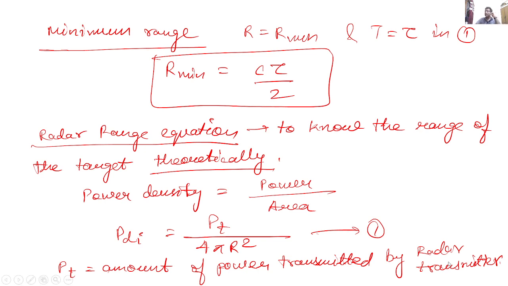Now one thing we can see is that equation 1 would be valid only for an isotropic antenna. However, radar antennas are not isotropic in nature.